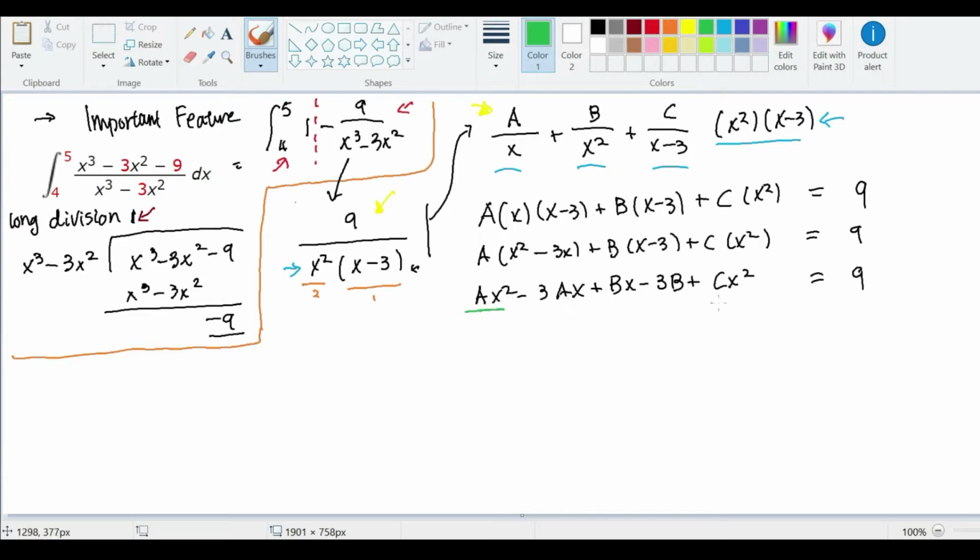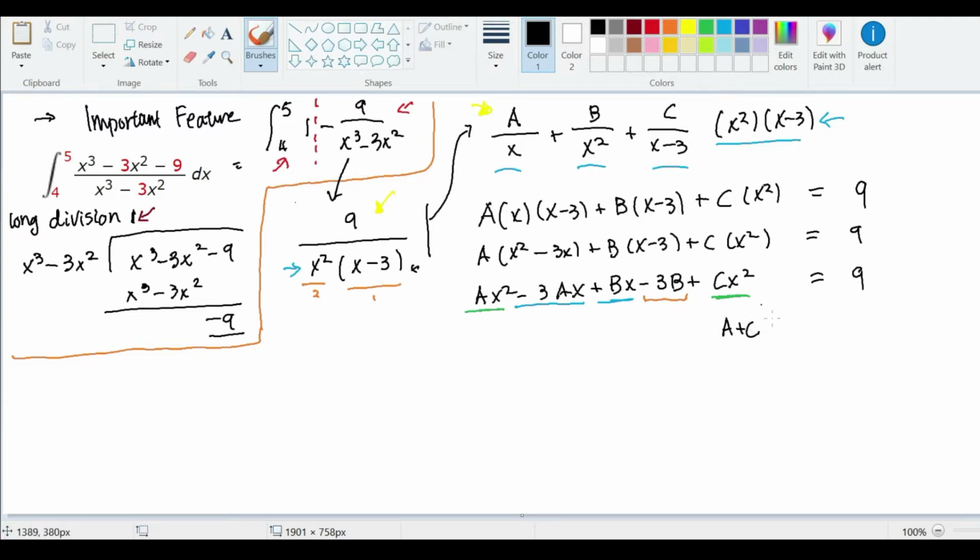So ax squared, cx squared. What color? I'll go sky blue. And now I'm going to sort it. Excluding the x's and variables, I'll write here for later: a plus c, right?